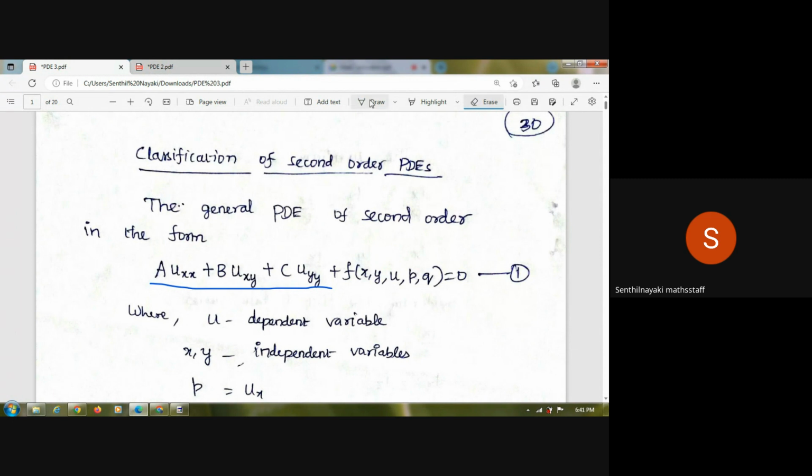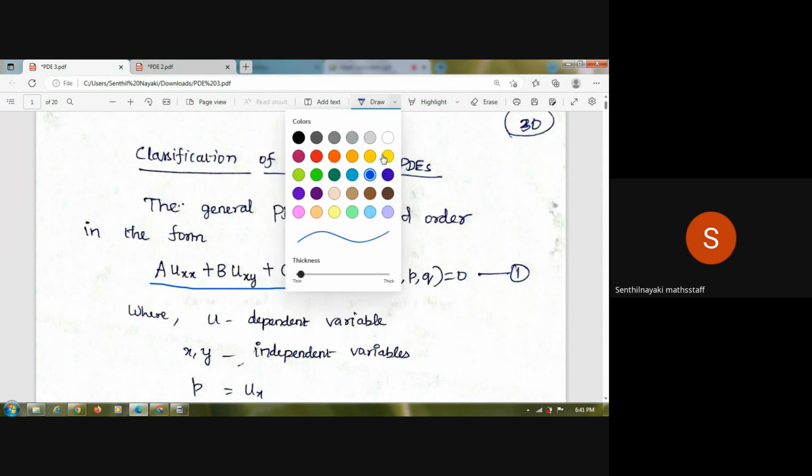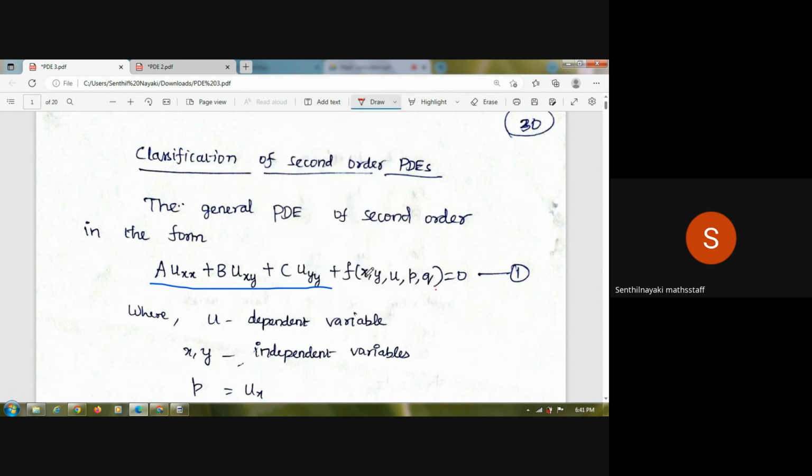So x and y are independent variables and u is the dependent variable. What about p and q? P is the first order derivative, that is P is ux and Q is uy, first order derivatives.